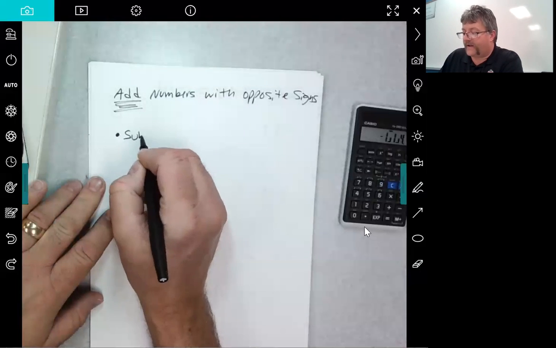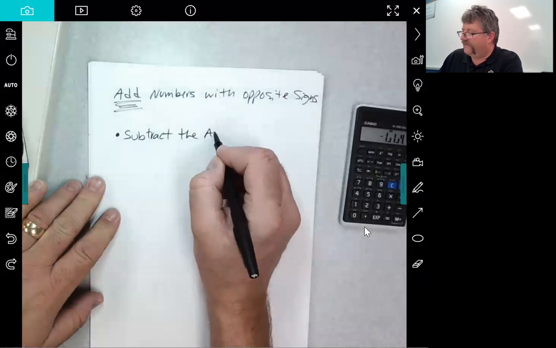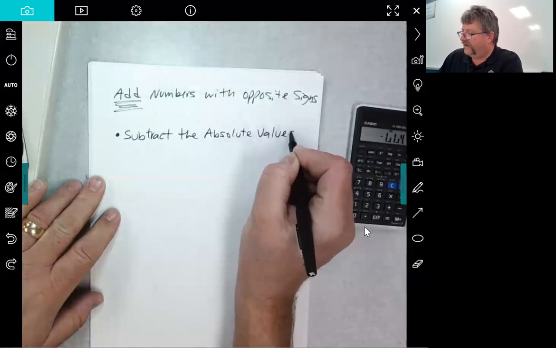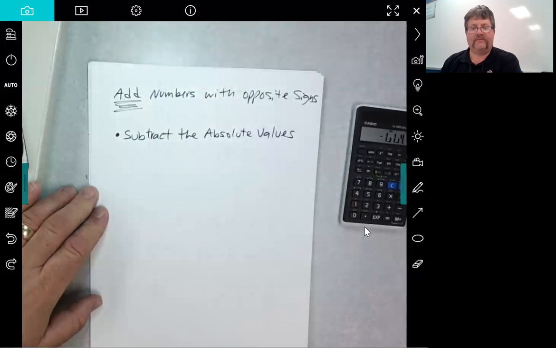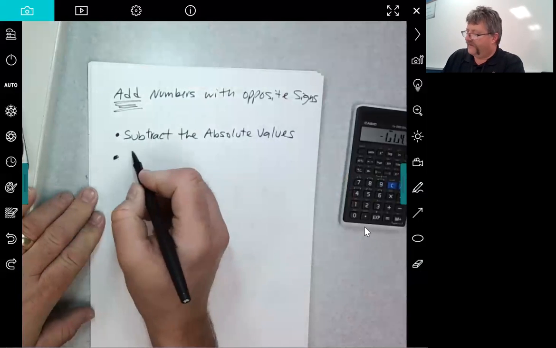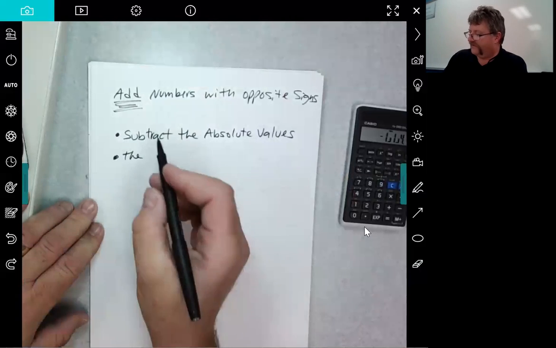You subtract the absolute values. It's an addition problem, but we're going to subtract the absolute values. Then we still call it a sum. So we're adding here.